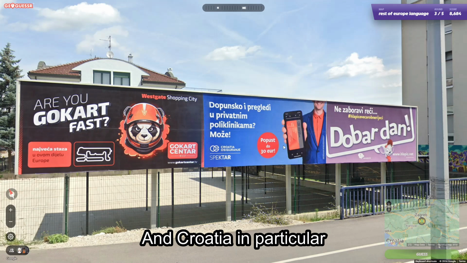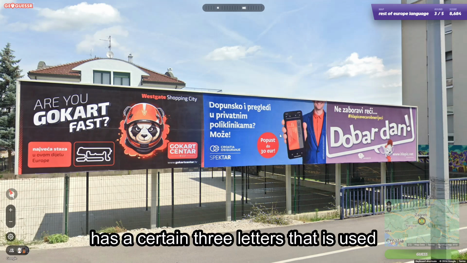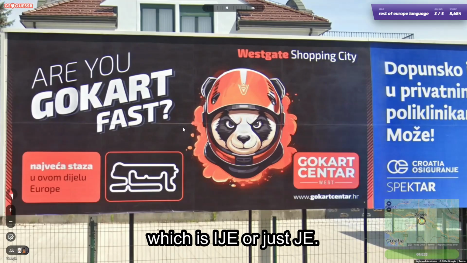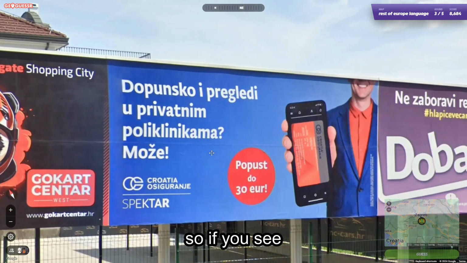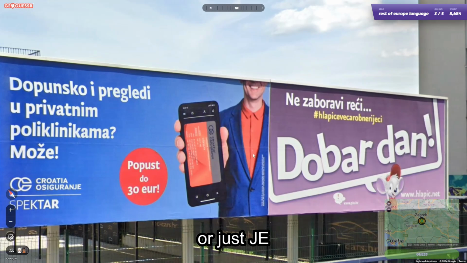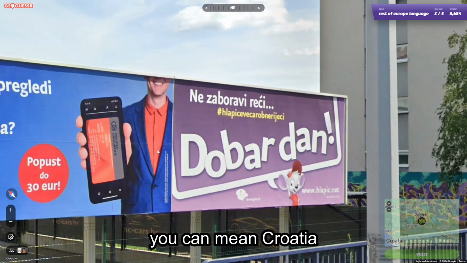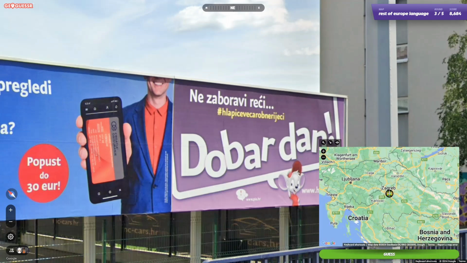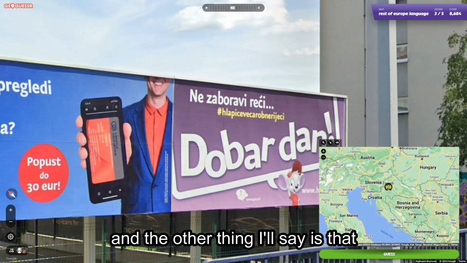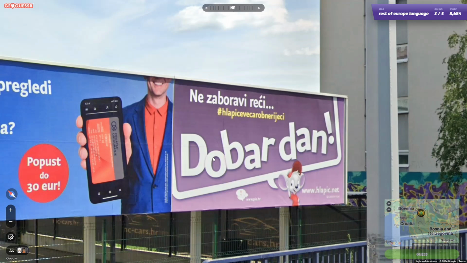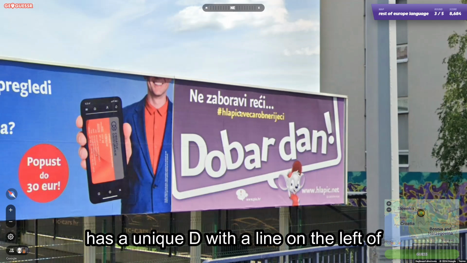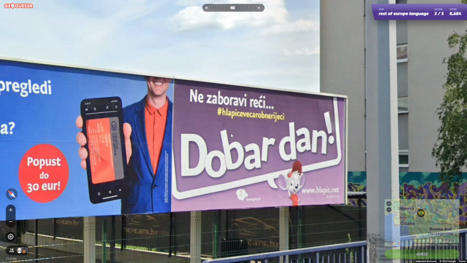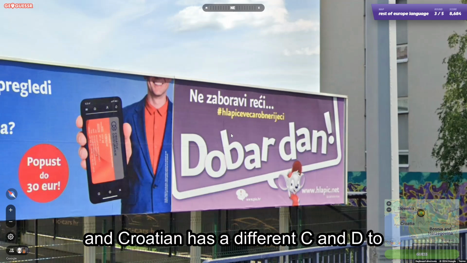And Croatia in particular has a certain three letters that is used quite a lot, which is IJE, or just JE. So if you see IJE, or just JE, it can mean Croatia, or Montenegro, and we see an IJE right here. And the other thing I'll say is that Croatian has a unique D with a line on the left of it. I'll put it on the screen most likely. And Croatian has a different C and D to Slovenian.